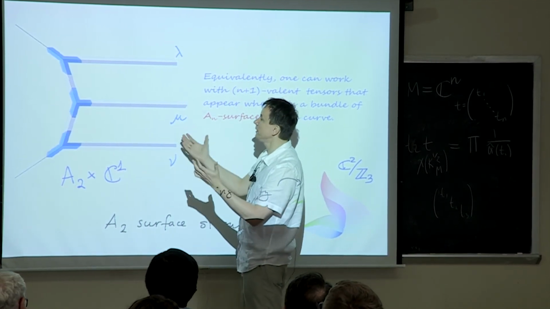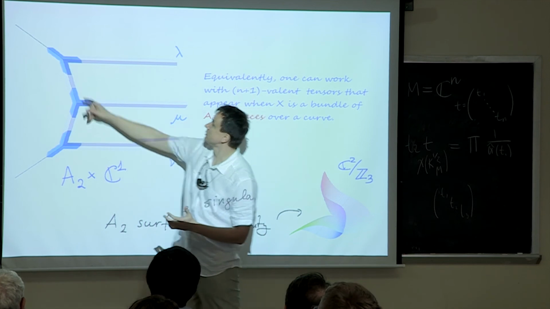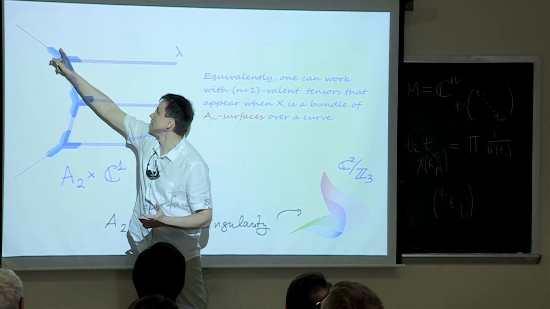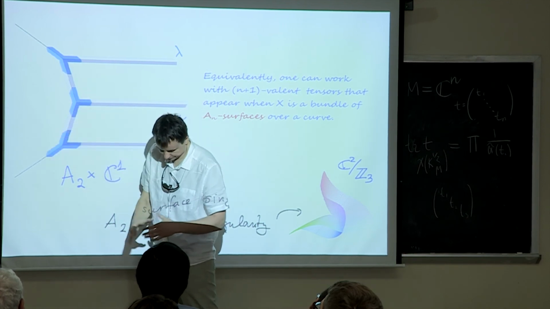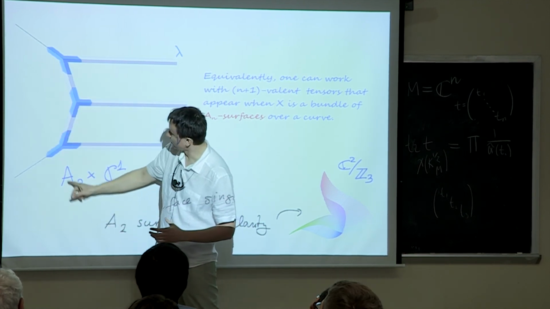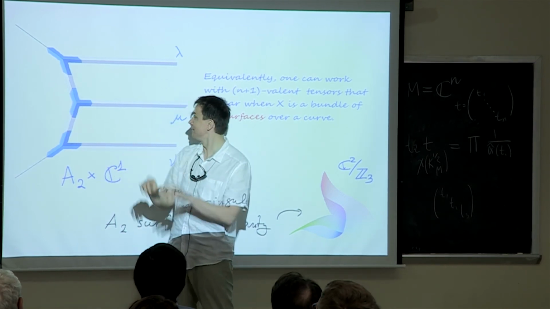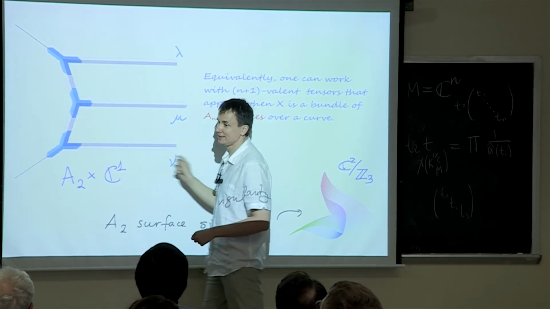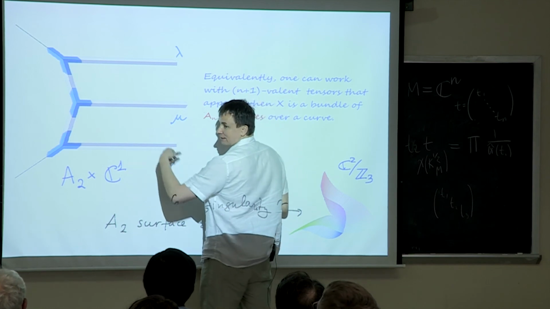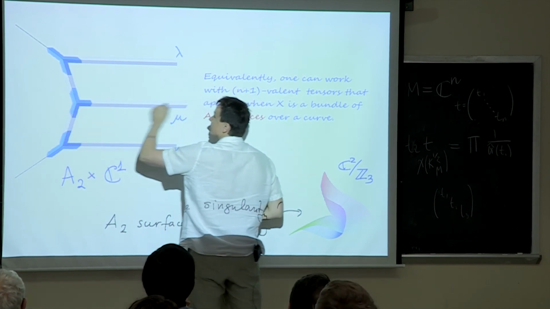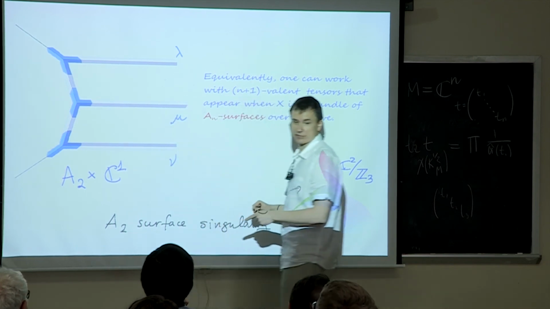My toric polyhedron for this geometry looks like a product of the toric picture for A2, and then there are three legs. Now I can study my curves that have some life inside my A2 surface, and they also come out to be three partitions.